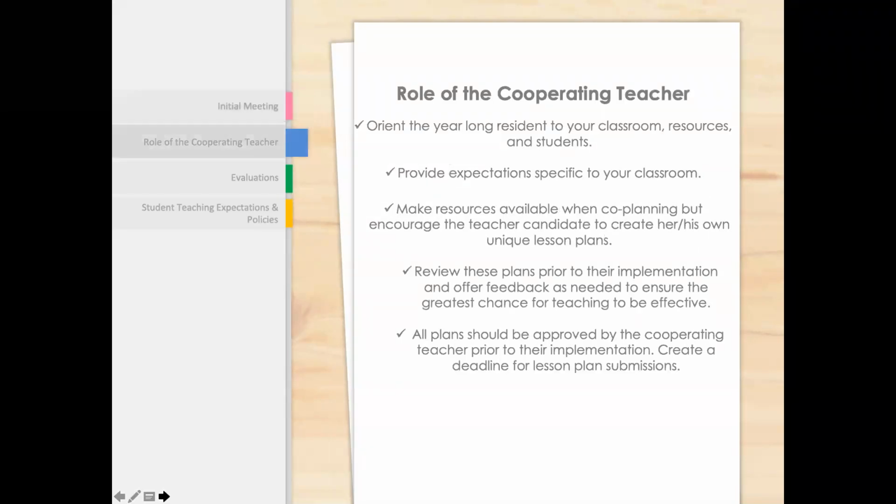For your role as a cooperating teacher, your resident is required to report on the first day of your contract for the upcoming school year. Your resident might contact you prior to that date.